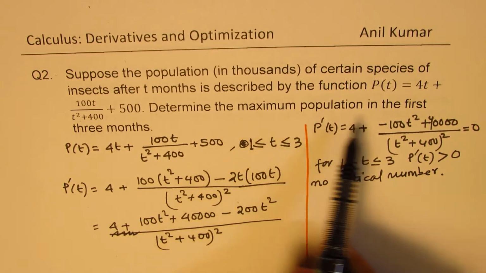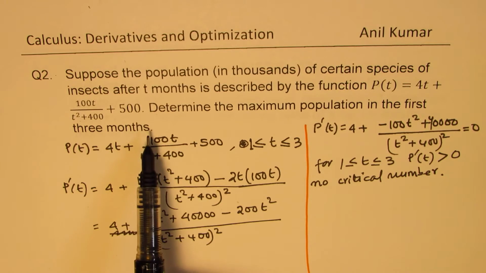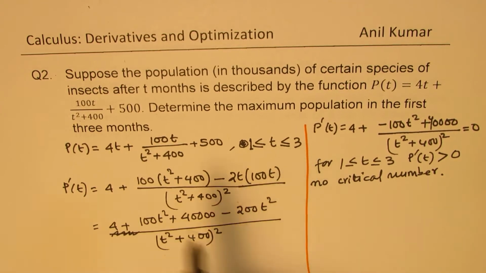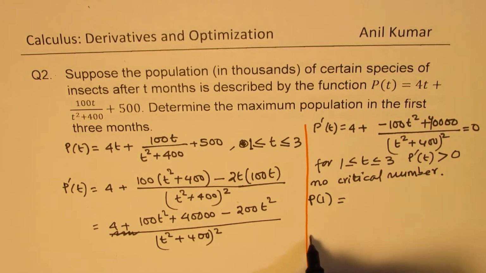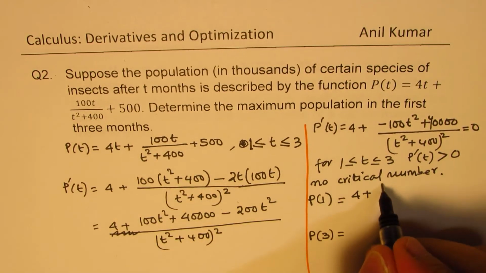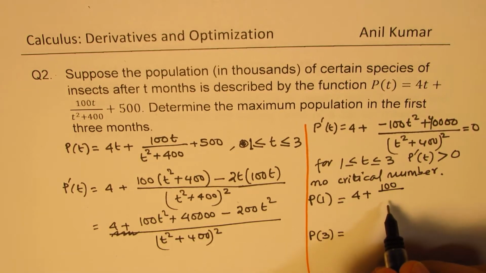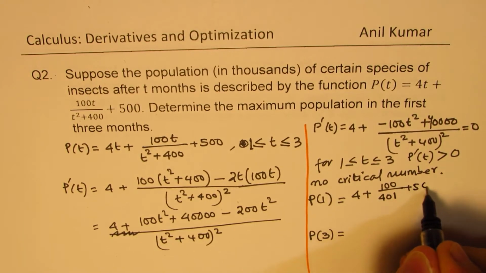Now, to get the maximum, we can just work with our extreme values, which are 1 and 3. Let's find the value of the function when t equals 1 and when t equals 3. So P of 1 will be 4 plus, substituting 1 here, 100 over 401 plus 500.